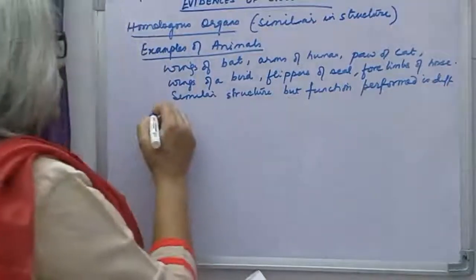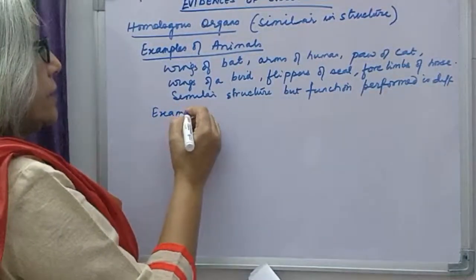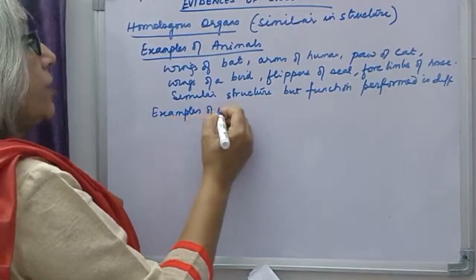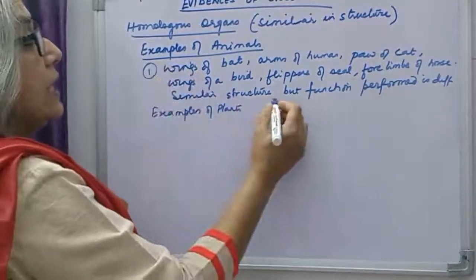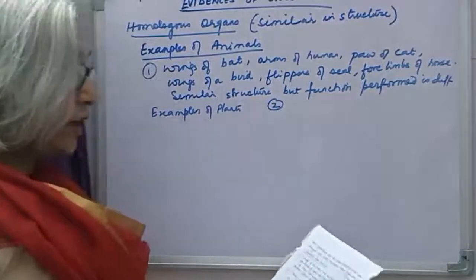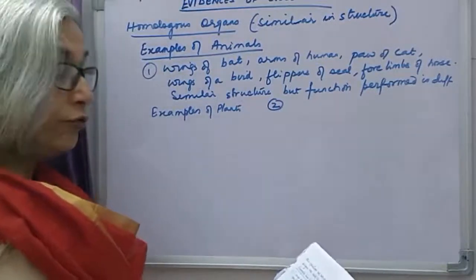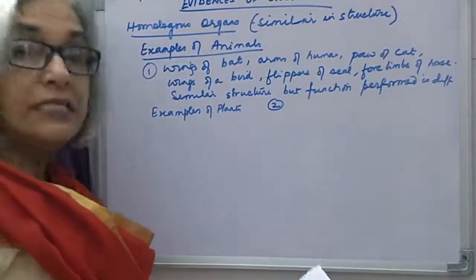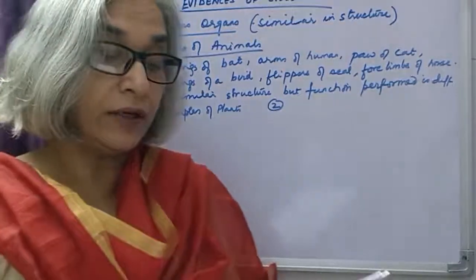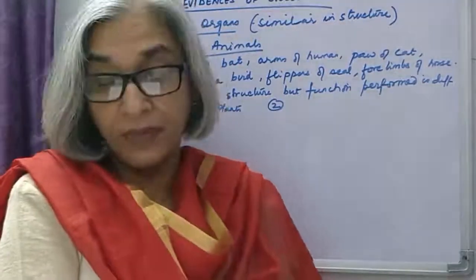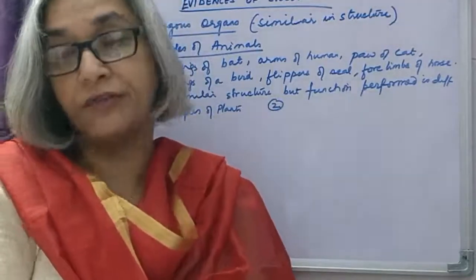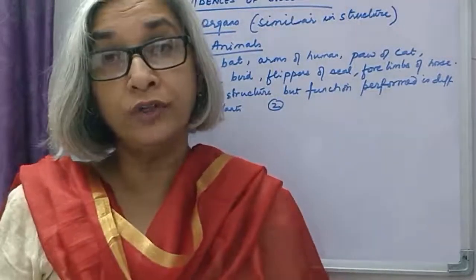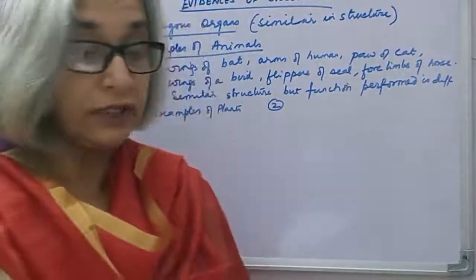In case of plants, we take the examples. I said two examples. So one example is this, and the second example in case of animals is the heart of fish, frog, lizard, bird and man. All these have similar basic structure, but the function is different because of the difference in the mode of life of each of these animals.